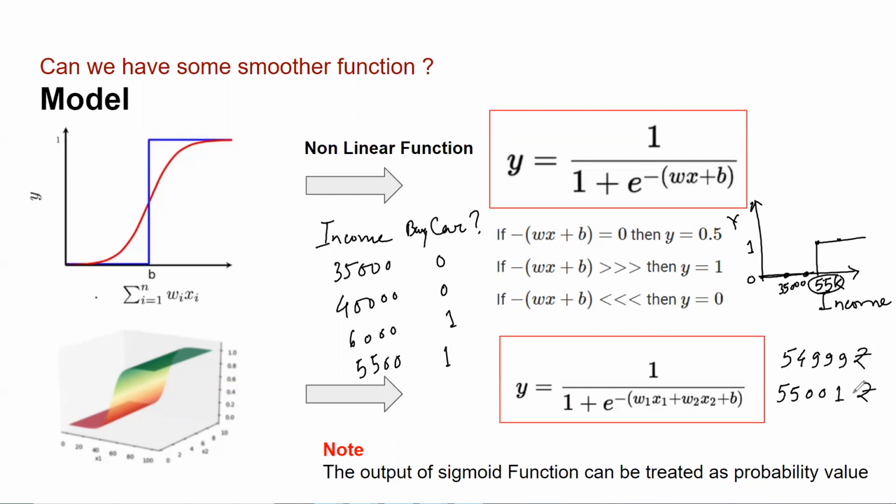Do you think that this hypothesis makes sense? No, right? As per this diagram, a person with this income is not able to buy a car, but suddenly when he gets 1 rupee extra, he is able to buy a car.